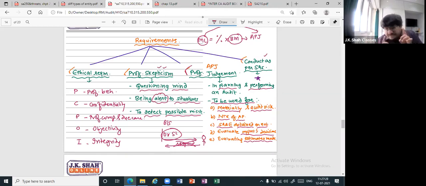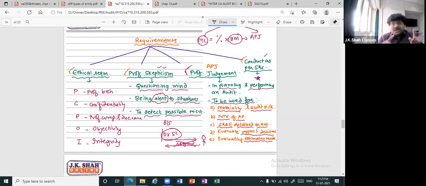Now, if the auditor wants to achieve the overall objective of audit, can I say the auditor should achieve all the individual objectives of the individual standards? You understood what I told? Repeating. If the auditor wants to achieve the overall objective of audit, then he has to achieve the individual objectives of every standard, no?